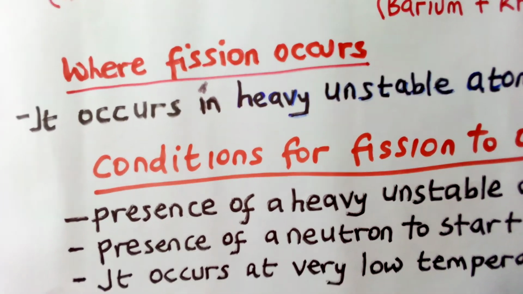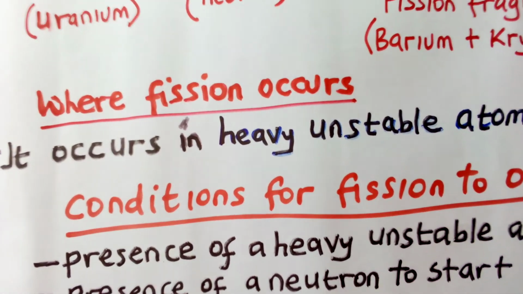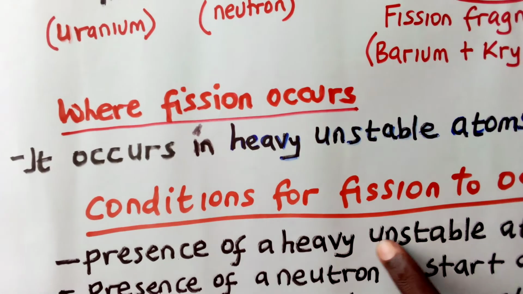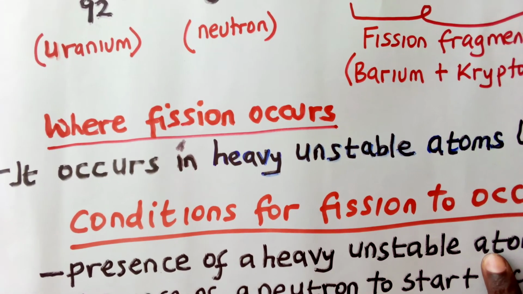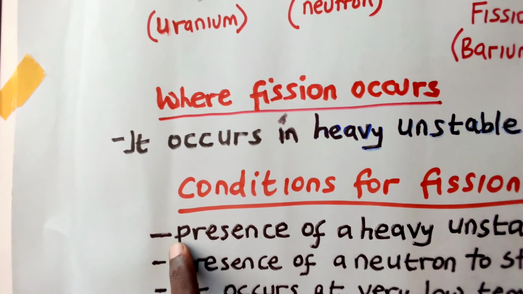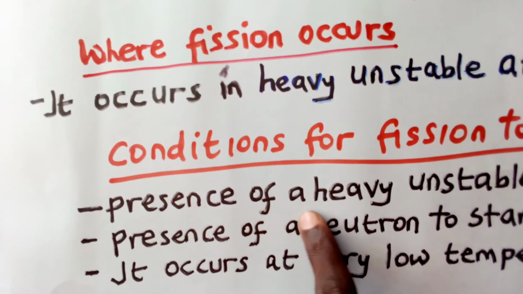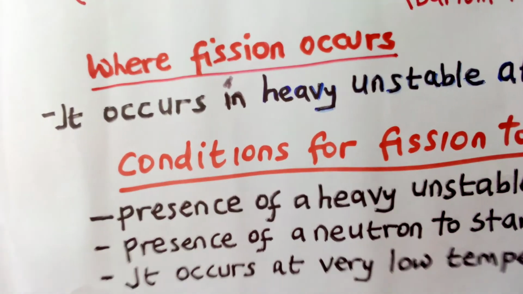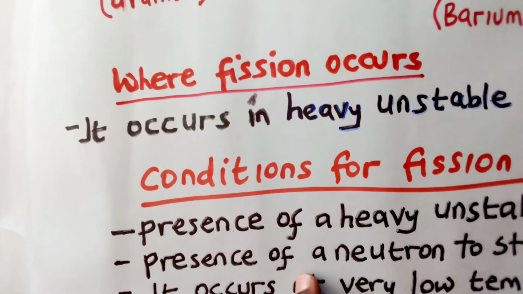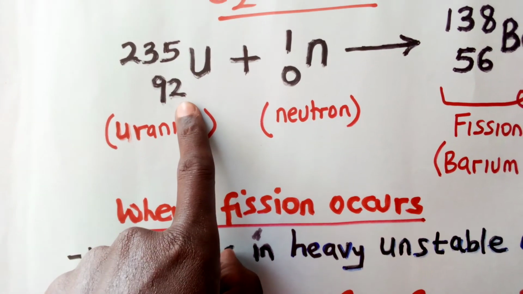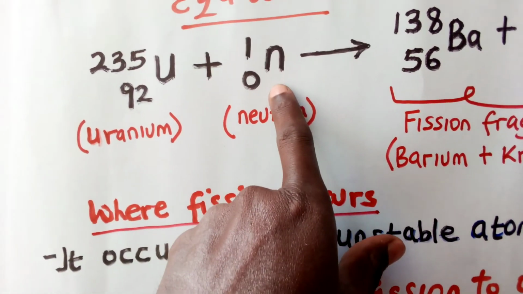And lastly, let's look at the conditions for nuclear fission to take place. 1, there should be an unstable atom, because it is that unstable atom which is going to split. So presence of a heavy unstable atom like uranium. The next thing you need is a neutron. When you look at this equation, uranium must be there, the unstable atom, and the neutron must be there.